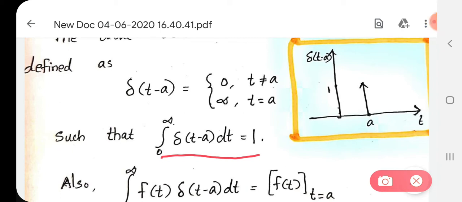And the graph of this Dirac delta function is, in the x-axis we have t and the y-axis delta t minus a, and at t equal to a the function goes to infinity.